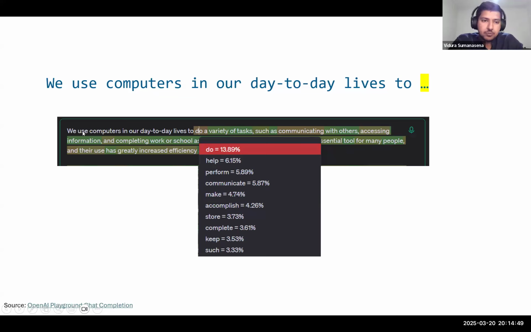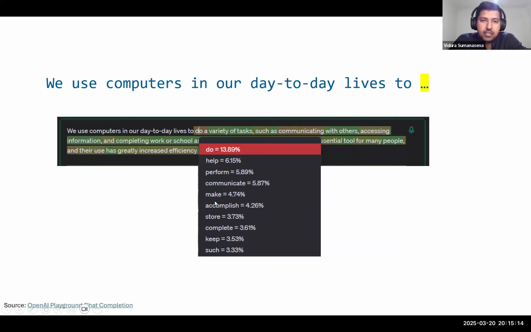If you give this to a large language model, it will come up with the next word based on the training data it has seen. It has already seen lots of scenarios and comes up with a probability distribution. So basically, "do" has the highest probability according to this sentence.